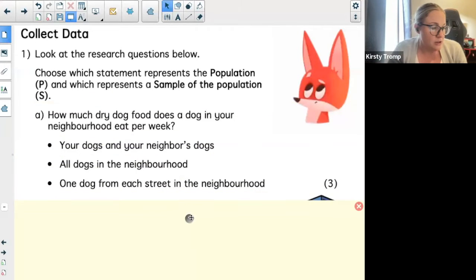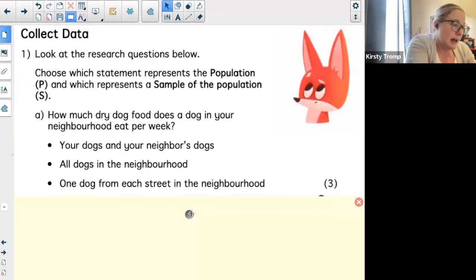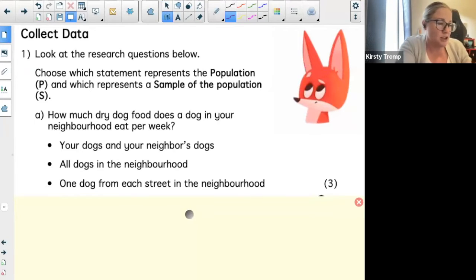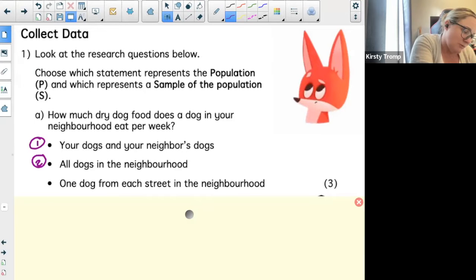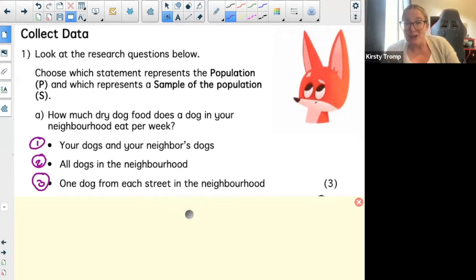All right. So for the first question, it says, how much dry dog food does a dog in your neighborhood eat per week? So how much dry dog food does a dog in your neighborhood eat per week? Now you're going to look at these examples or these numbers that they've given you, and you're going to say, are they talking about a sample or are they talking about a population?